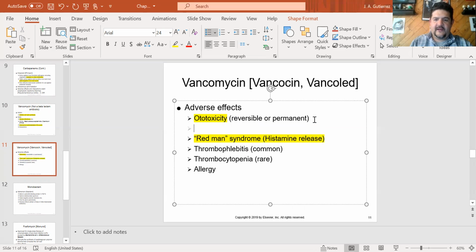Another thing that we can add here, kidney damage. So we mentioned BUN and creatinine.